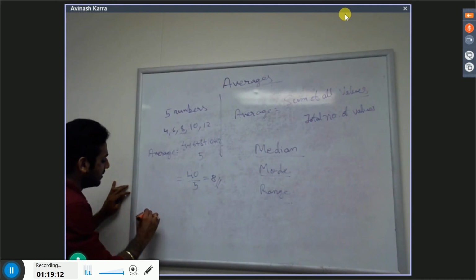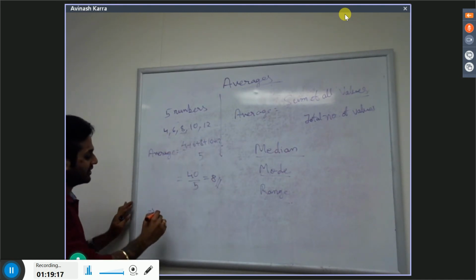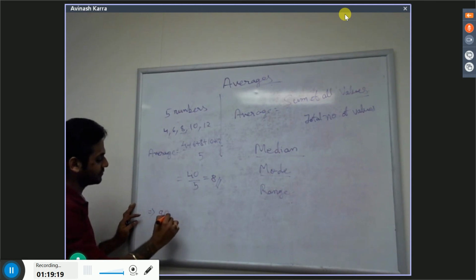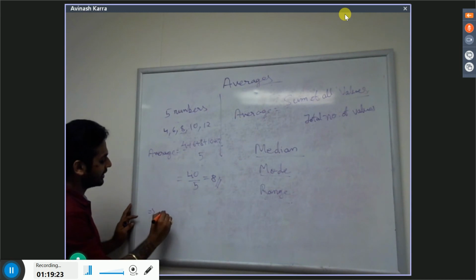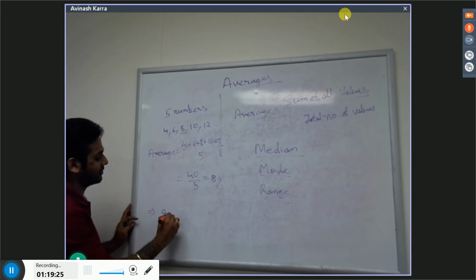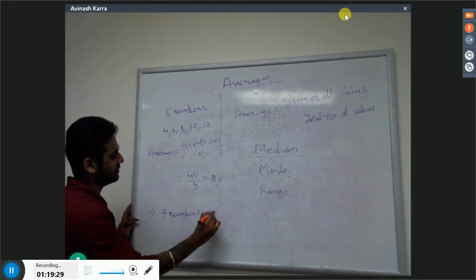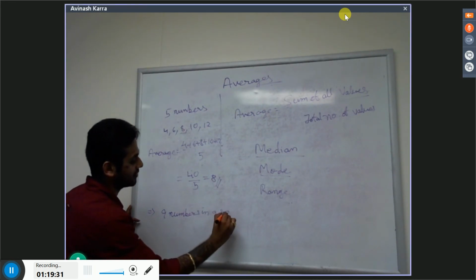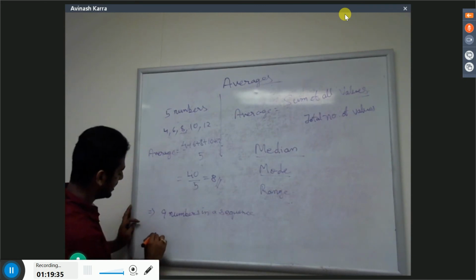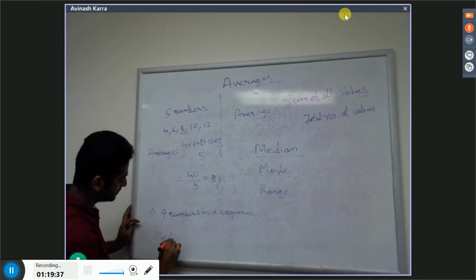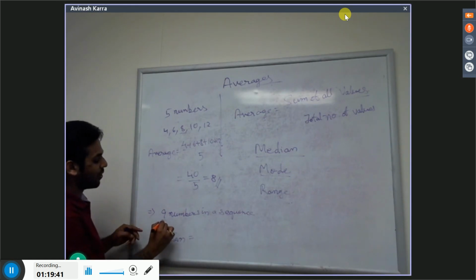If there are like 9 numbers in a sequence, then median is equal to... 9 is an odd number, right?